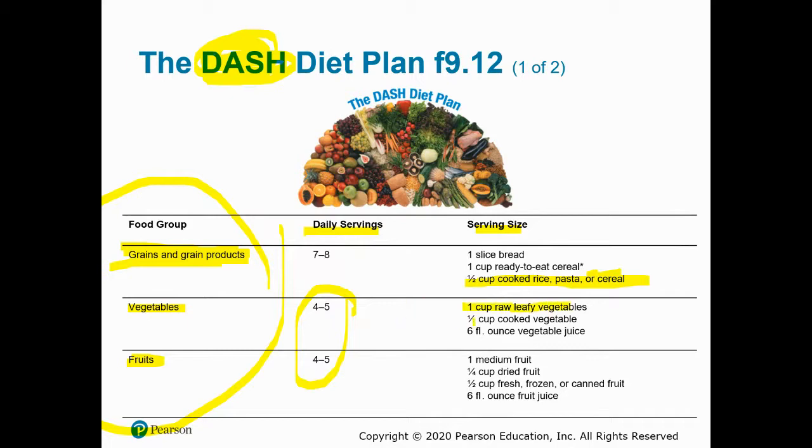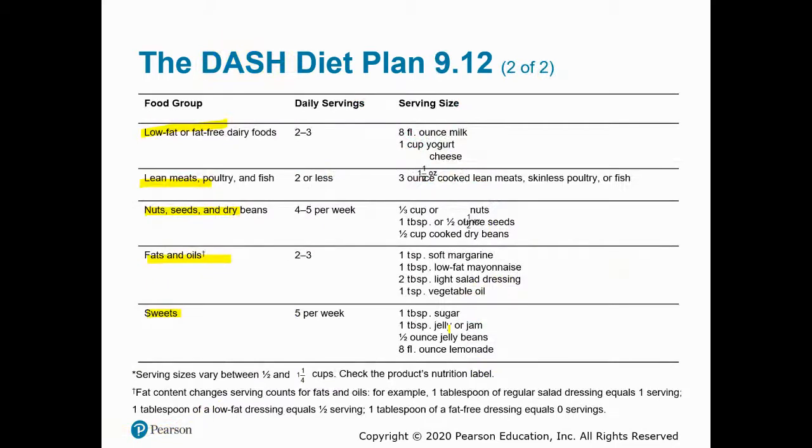You can see 4 to 5 servings of vegetables, where a serving is about 1/2 to 1 cup, and 4 to 5 servings of fruit per day. Pretty awesome. And then you can see lean meats and poultry, 2 or less servings per day. A serving is 3 ounces.